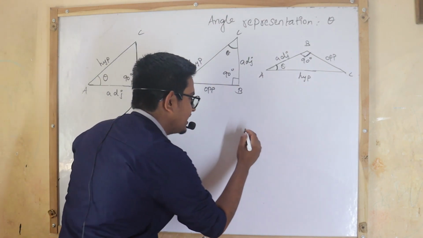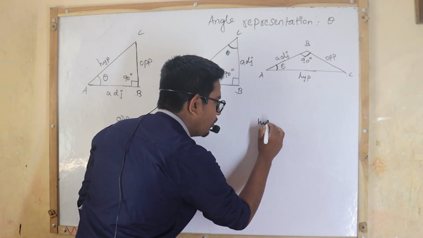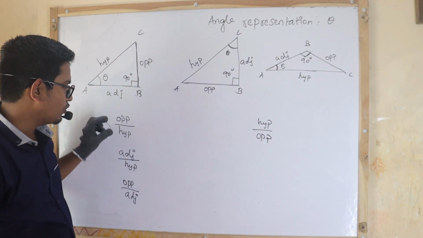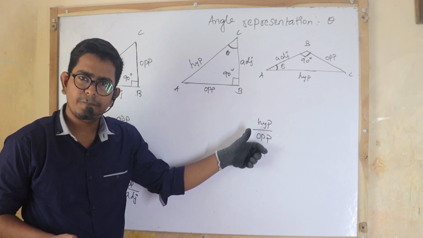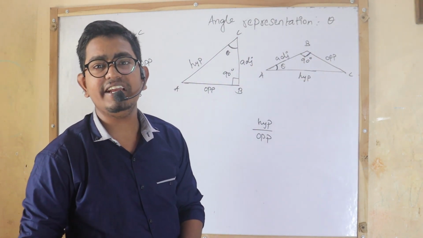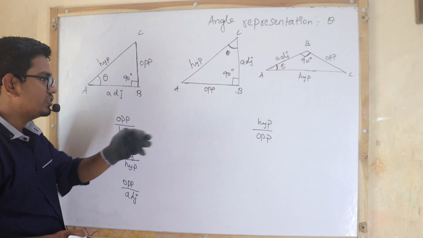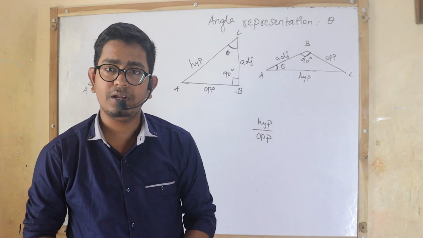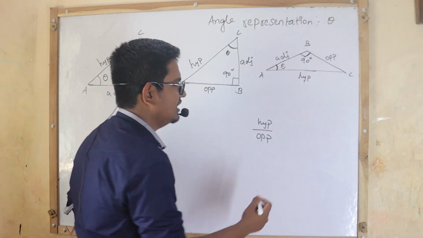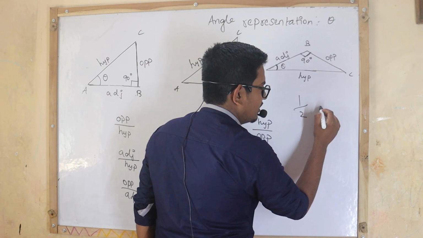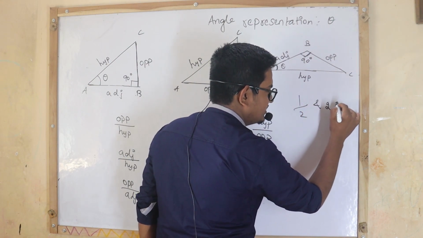I can write it as hypotenuse upon opposite side, right? It is a reciprocal of this. Yeah, you might have a doubt: these both are the same, opposite upon hypotenuse and hypotenuse upon opposite. No. What I am asking you is, is 1 by 2 and 2 the same?